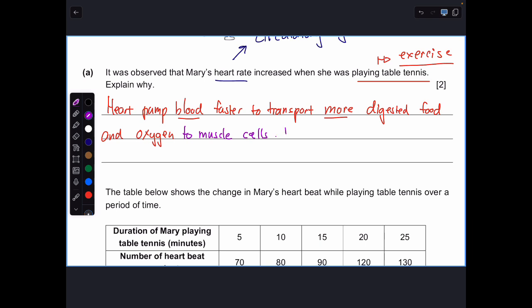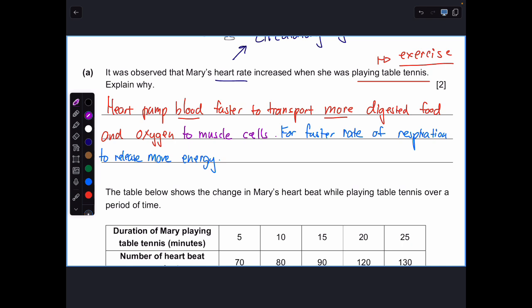For faster rate of respiration to release more energy. If you want, which I'm not going to write down, to meet the increased demand of exercising. But I'm not going to write it down because that's optional. At your level, no need. But when you go to secondary school, you will need to do that.